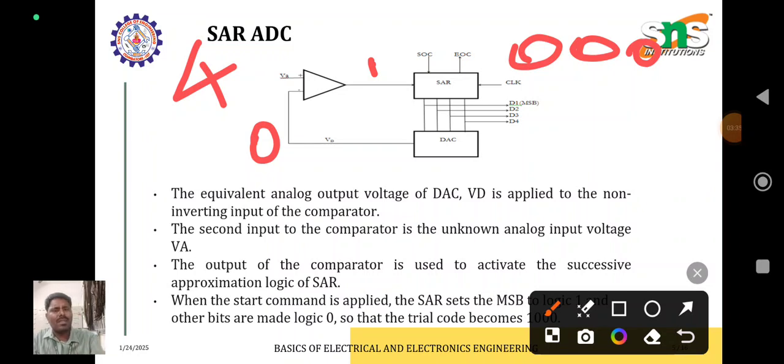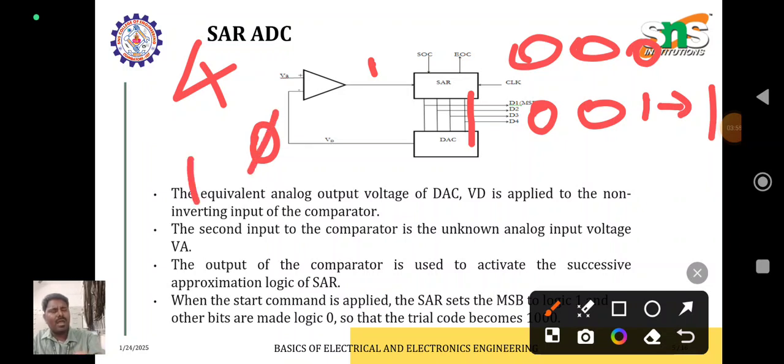If the comparator gives the error signal 1, the first bit gets enabled, and the remaining stay as they are. Now this information, 001, is given from the SAR into the DAC. The DAC again converts the digital into analog. What is the equivalent value? It will be 1. This 1 comes back here, and again we compare the reference input with the present output.